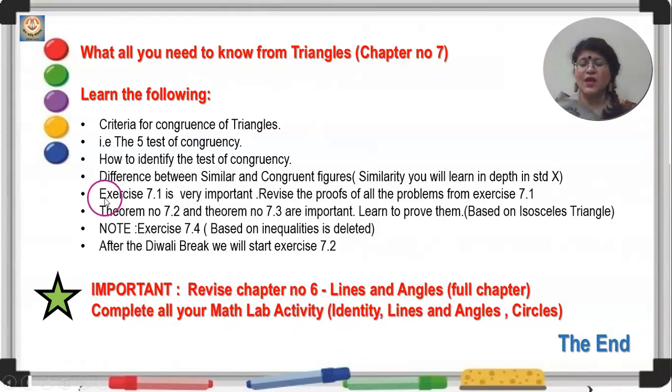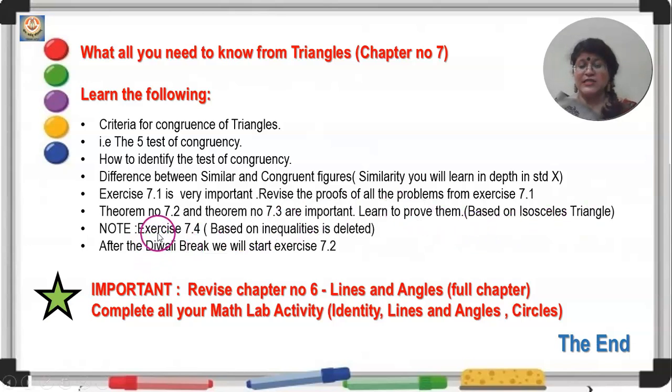Now, exercise 7.1 is very important, and revise the proof of all the problems of exercise 7.1. Theorem 7.2 and theorem 7.3 are also important. These are the 2 theorems which I have shown you how to prove. They are based on the isosceles triangle, that is the isosceles triangle theorem and the converse of the isosceles triangle theorem.